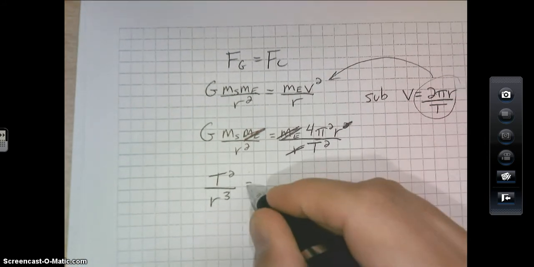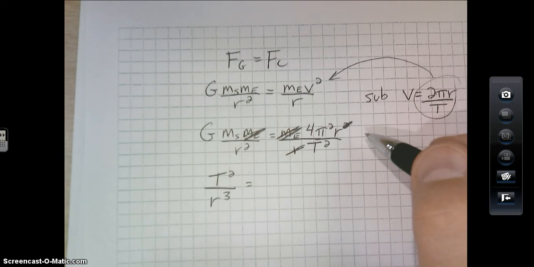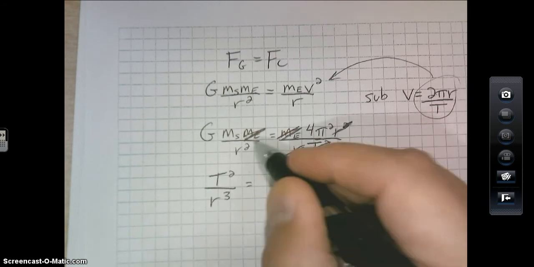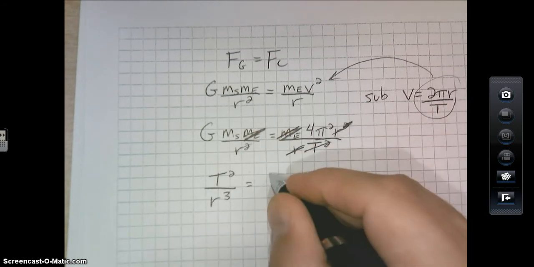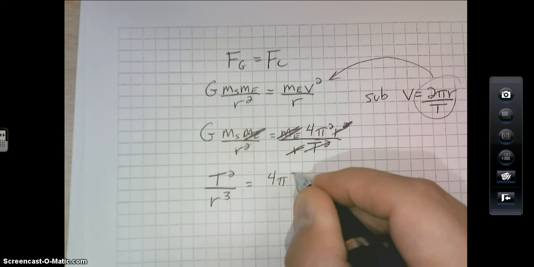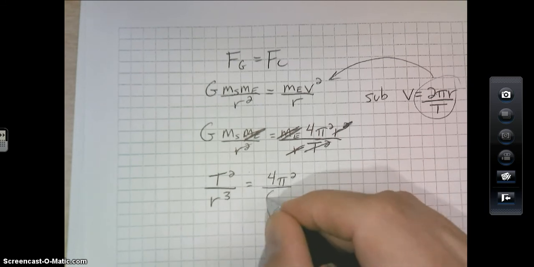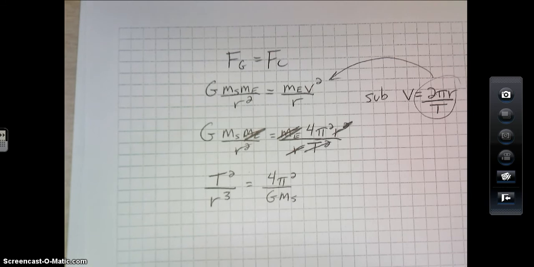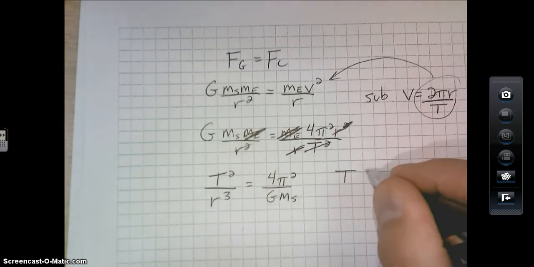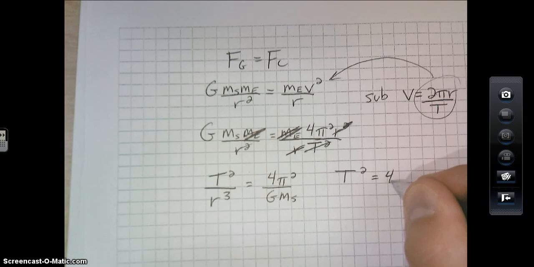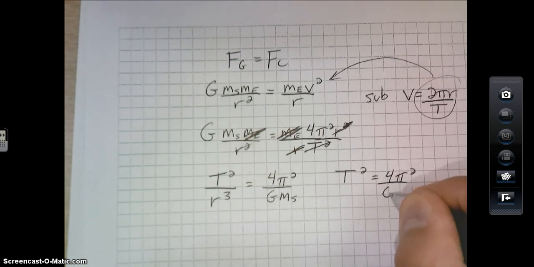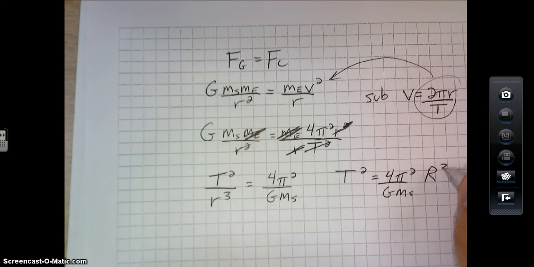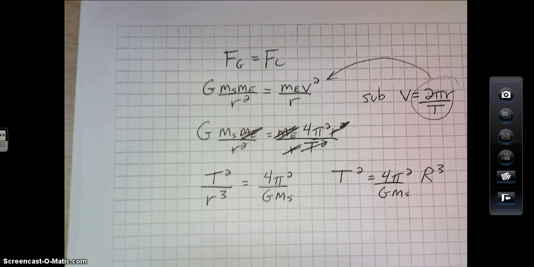So the rest of this, since I'm going to cross some of this stuff off, that's gone, that's gone. I've still got the 4 pi squared, and I've got G and the mass of the sun. Now this is more often written in this form, but it's essentially the same thing.